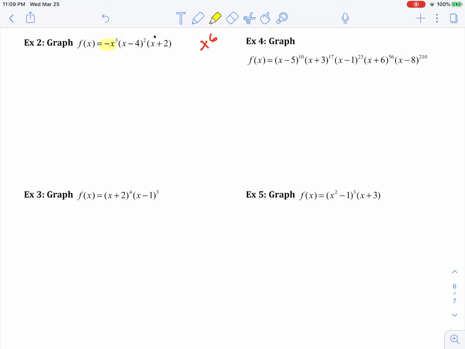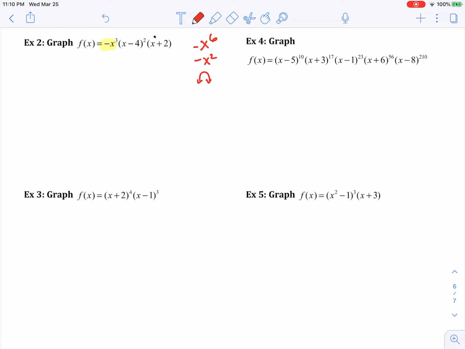And our leading coefficient is negative, so it would be a negative x to the 6th, or a negative x even, which means that our overall graph should look like a negative x squared, where the end behavior is that the ends of our graph should be going down towards negative infinity. Our y value should be going down towards negative infinity.